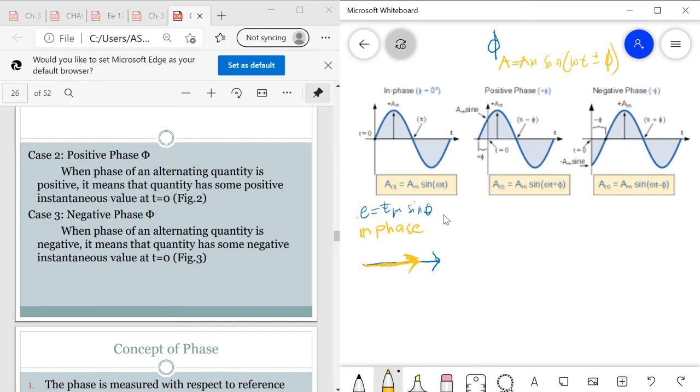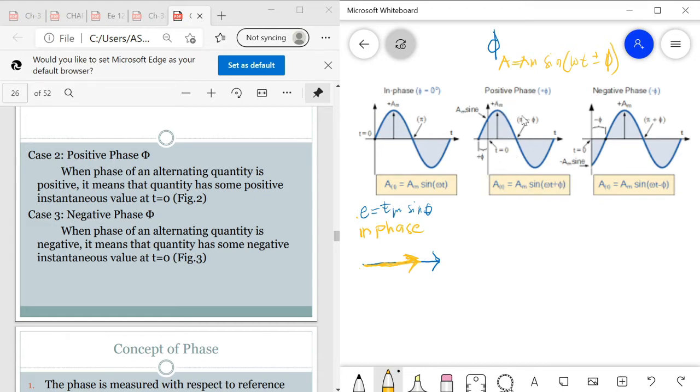So since 0 to, hindi na nalagay yung plus or minus phi kasi 0 din lang naman yung phi. So since in case 2 is positive, we will use the positive sign here as positive of the phase angle.